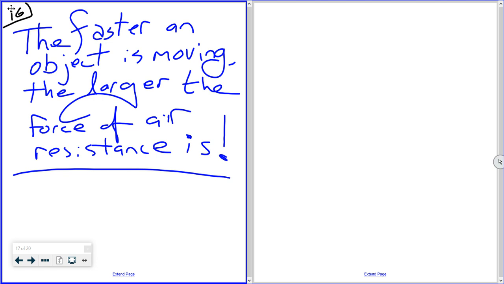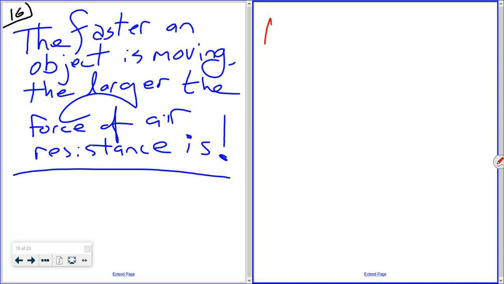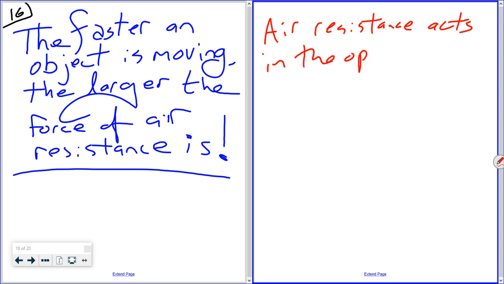So which way does air resistance act? Opposite direction of the velocity, very similar to friction. Air resistance acts in the opposite direction of the velocity.